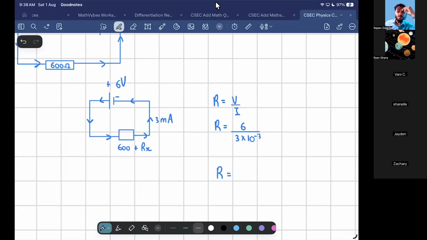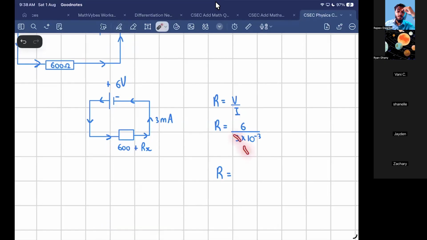Vanny, actually you could figure that out too. How do I do that so fast? Divided. So yeah, 3 into 3 is 1, 3 into 6 is 2. So you have 2 over 10 to the power minus 3.